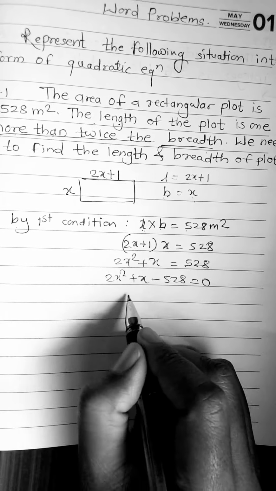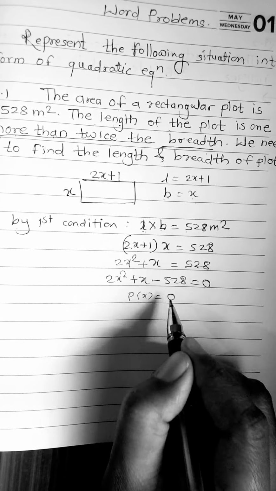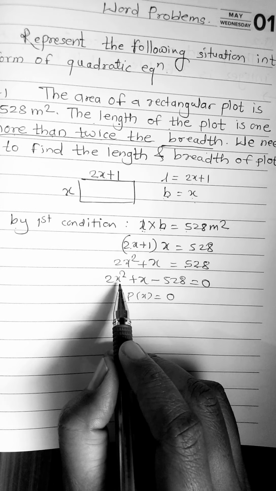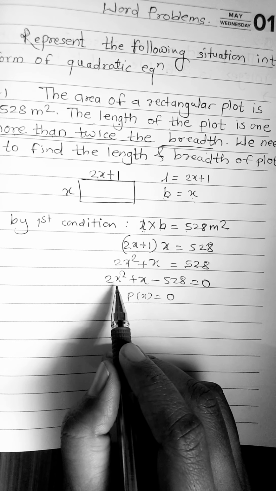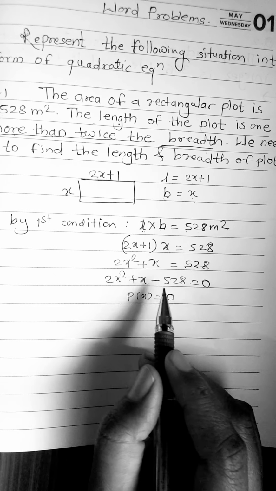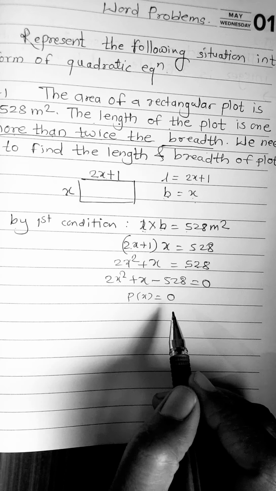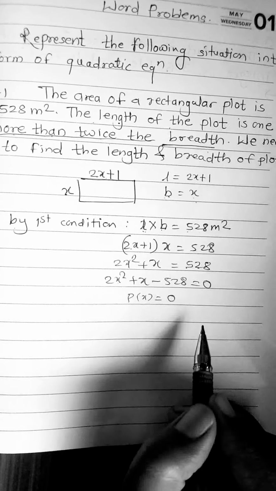So the given equation is in the form p of x equals 0, and this p of x has degree 2, that is, the exponent of x is 2, a degree 2 polynomial. So we call this a quadratic equation.